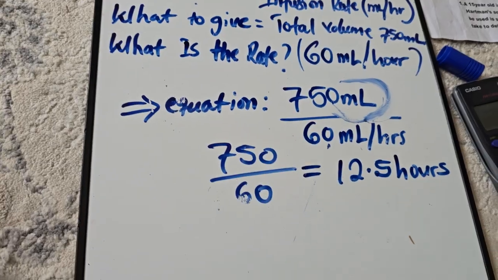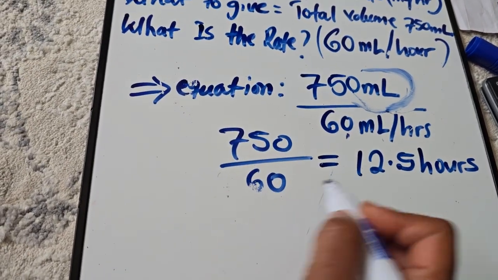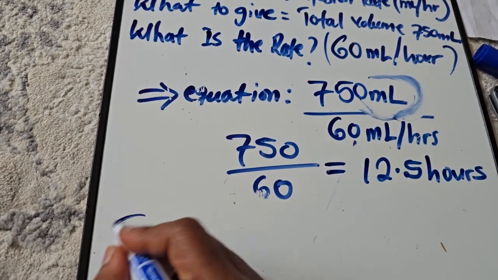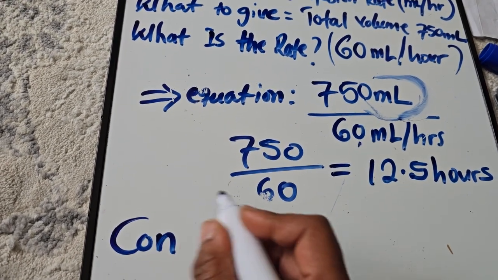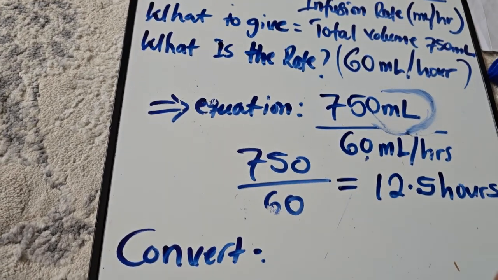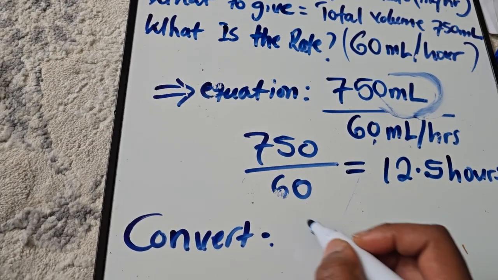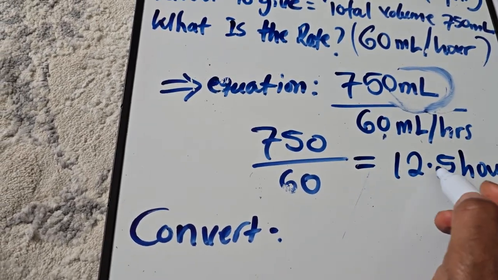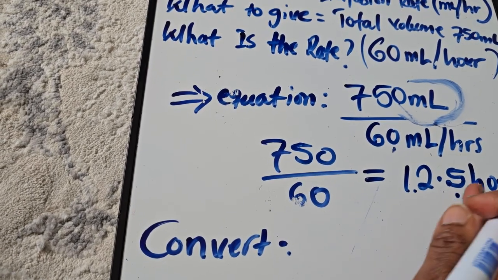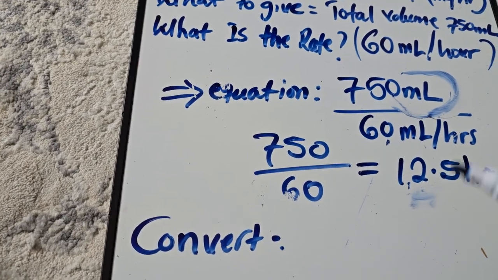Does that make sense? Okay, so let's do that by saying we know it's going to be 12.5 hours. So to convert, it's the decimal point only that we're doing at this point. So the 12 hours is okay for us. The 0.5 is our decimal point.